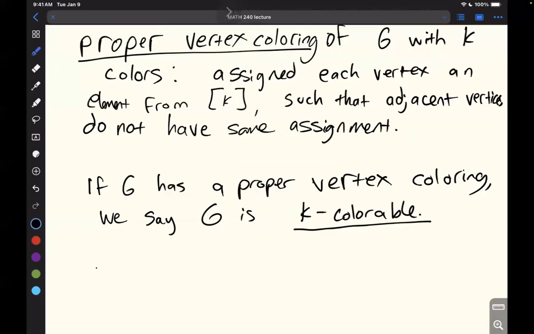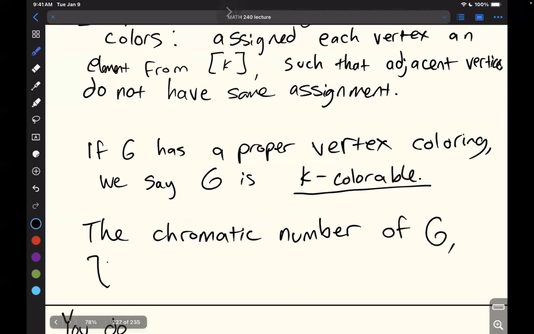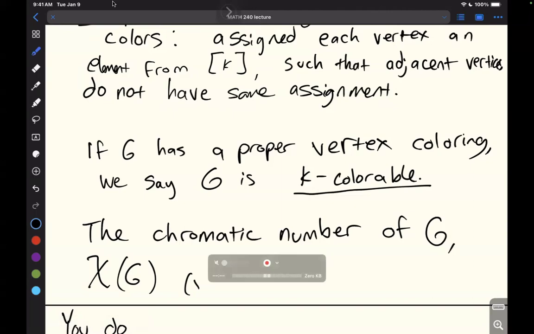And then we have a term for the chromatic number of G, which we denote as this thing that looks like a fancy X, but is actually, I'm not sure if it's a capital or a lowercase chi.